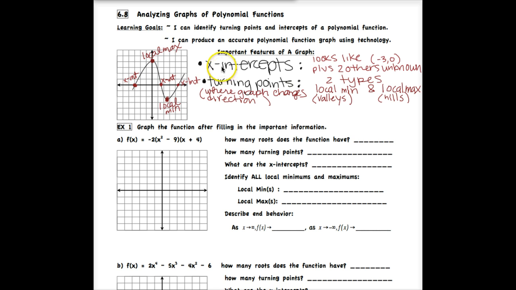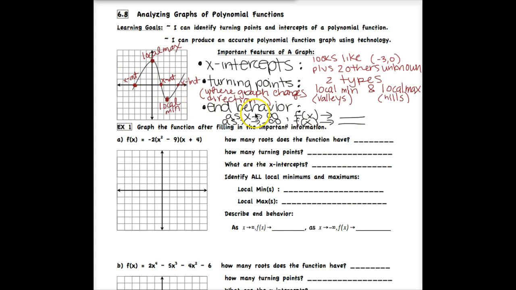So x-intercepts are important, turning points are important, and then something we have studied previously, end behavior is important when we're talking about a graph's characteristics. So remember that end behavior always starts as x approaches infinity, f of x approaches blank, and as x approaches negative infinity, f of x approaches blank.